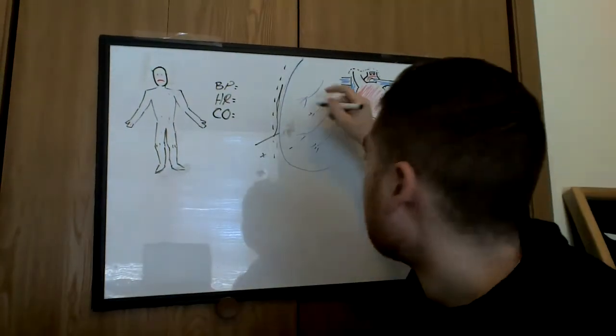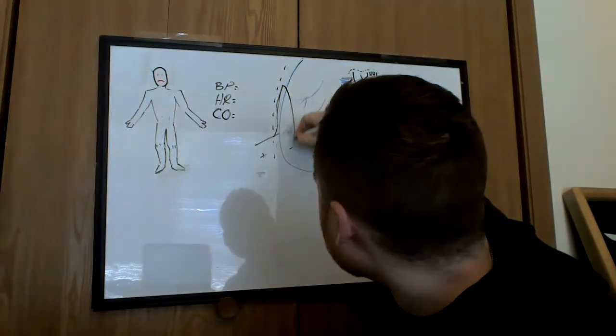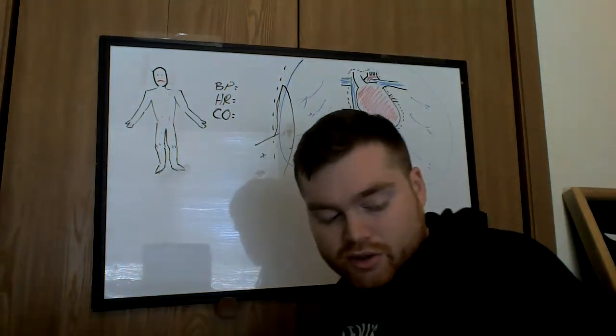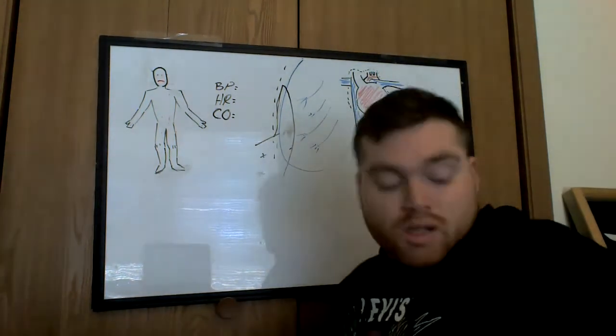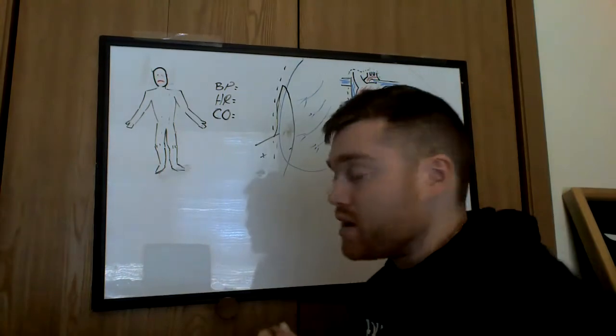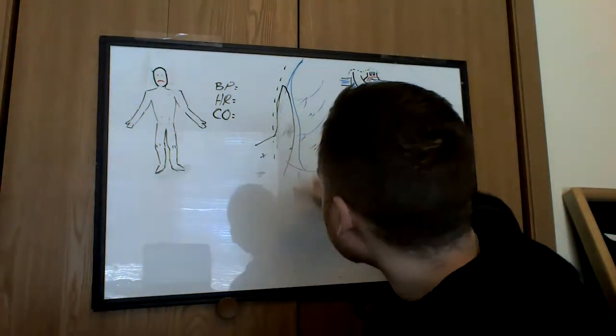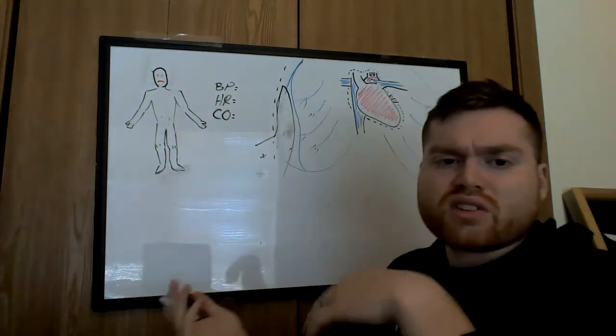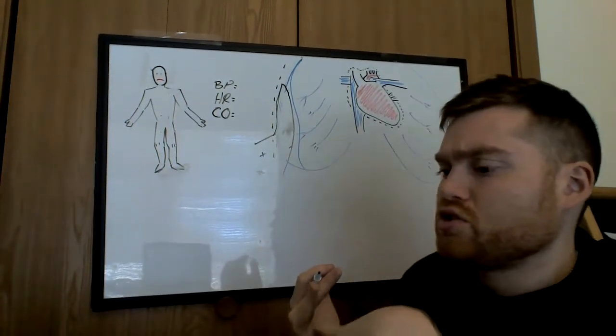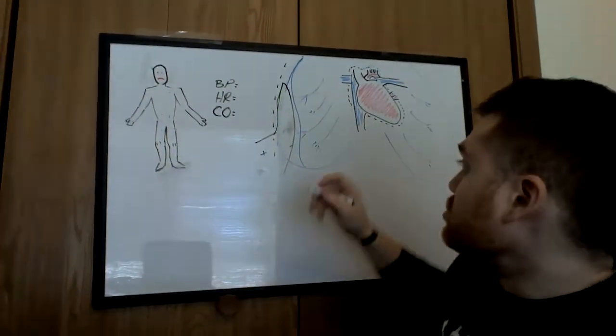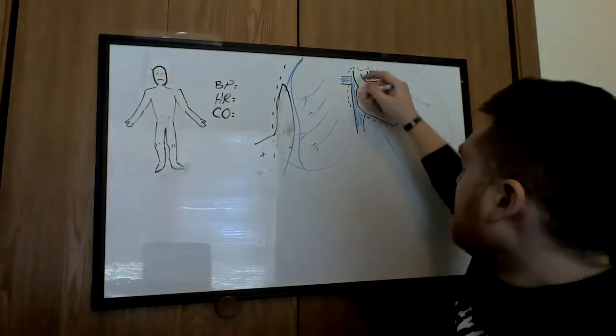What happens when this air starts filling up is that it keeps pushing more and more on your nice, beautiful looking lung that I have here. Eventually this lung will get pressed in more and more, and they might start having issues breathing, and you're going to have that tension pneumo. But as this gets pushed in, so is this.